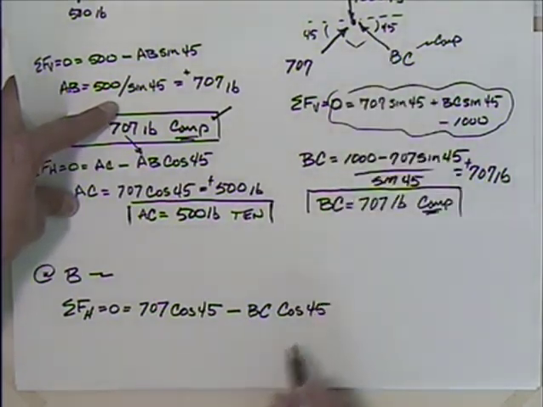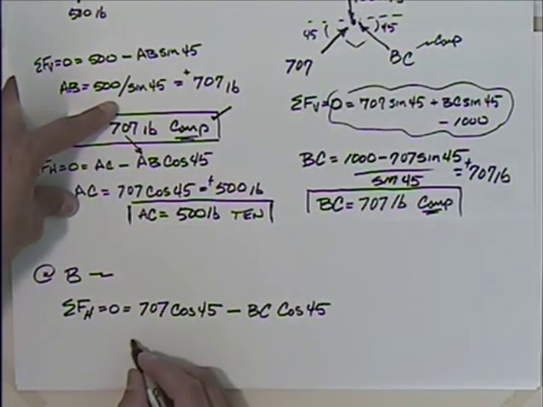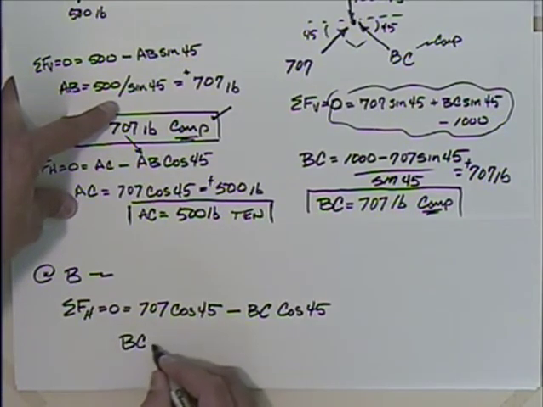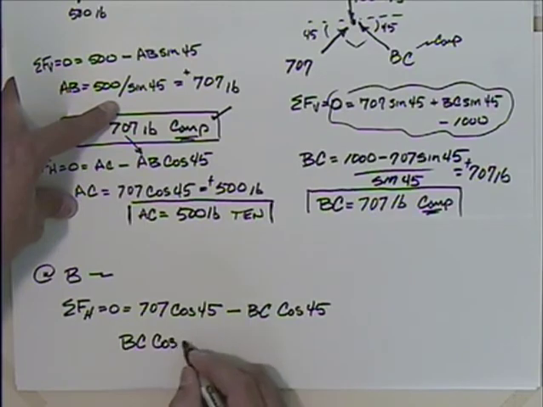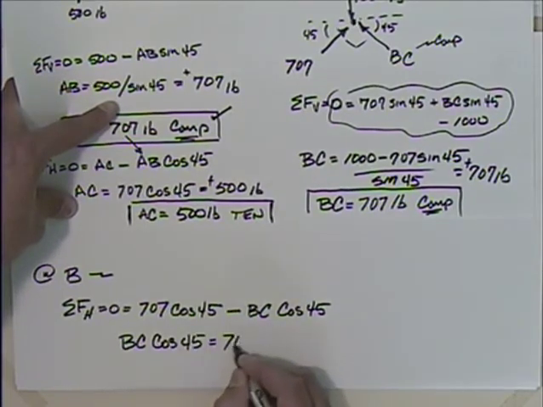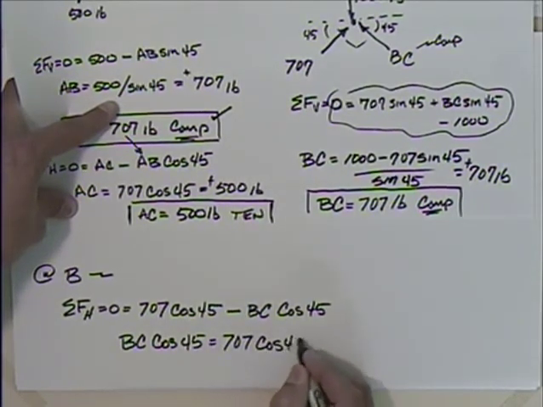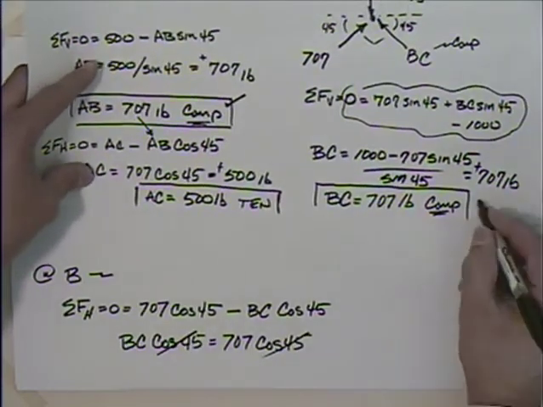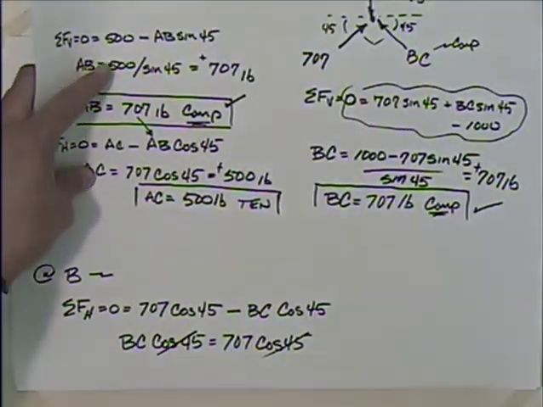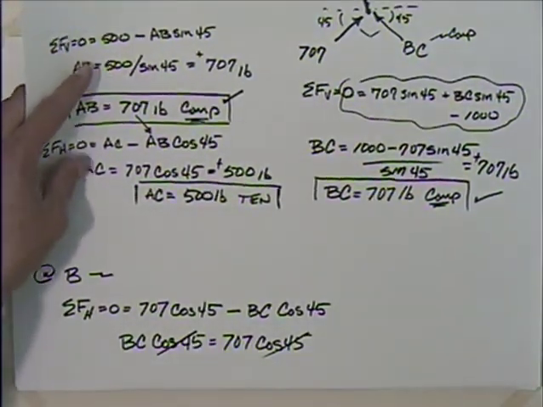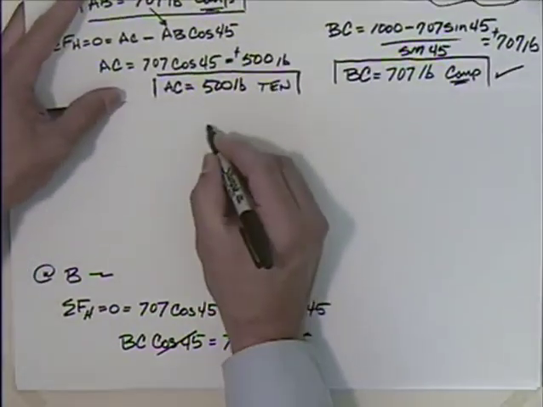Those are the only two pieces that are horizontal. So would we get BC that same way? We could say that BC times cosine 45 is equal to 707 times cosine 45. So that gives us a little more confidence in that answer, and that would have been the easier way to go.